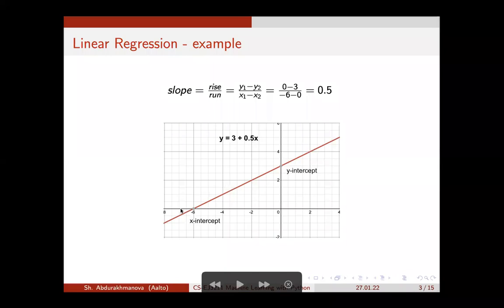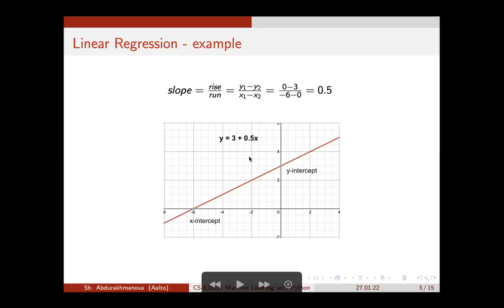So here you can see that this linear function crosses the y-axis at one point and the x-axis at another point. This cross point with the y-axis is actually the bias or intercept. And from the graph, you can see that it's indeed 3. And the x-intercept is a point where y is equal to 0, and in this case, it's -6.